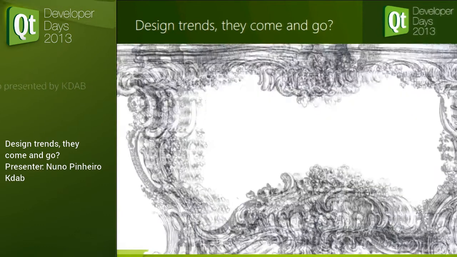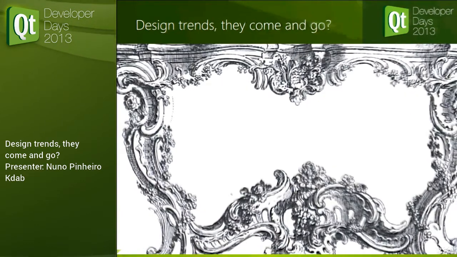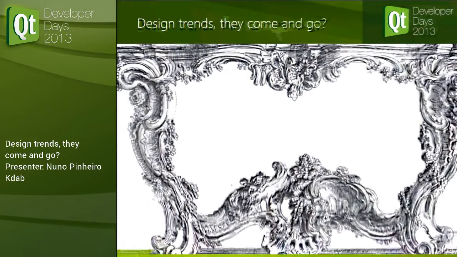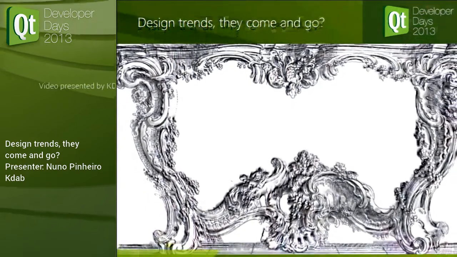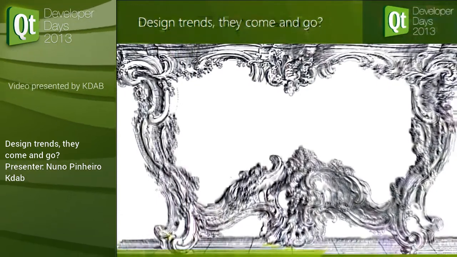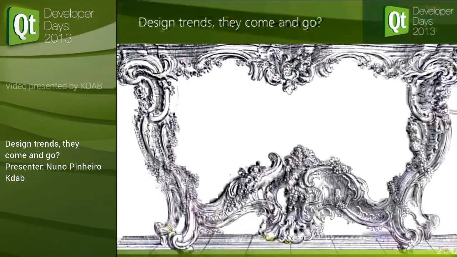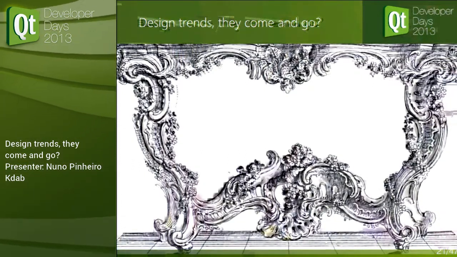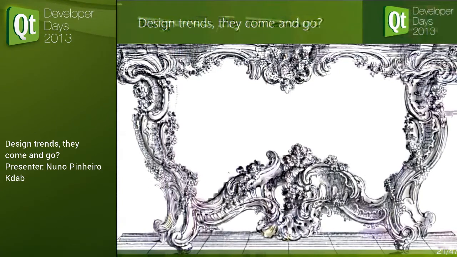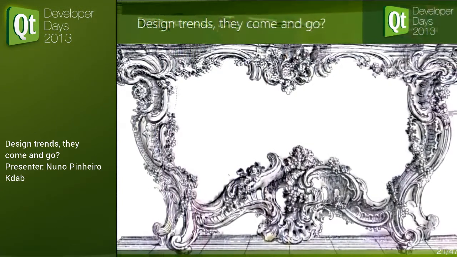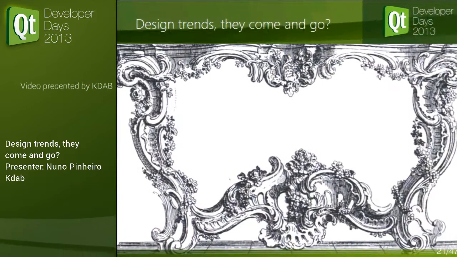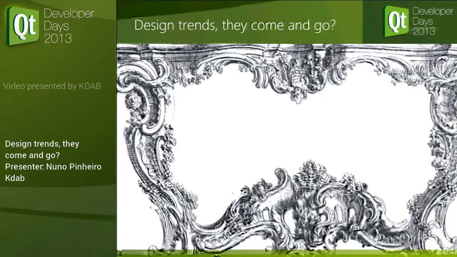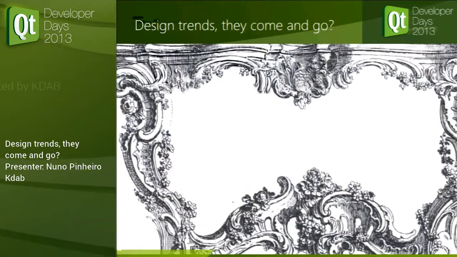So the evolution of design trends over the years tended sometimes to go into overly worked elements, like in the Baroque or in Victorian decorations, and it comes from people being skilled enough to pull off these types of ornamental things.